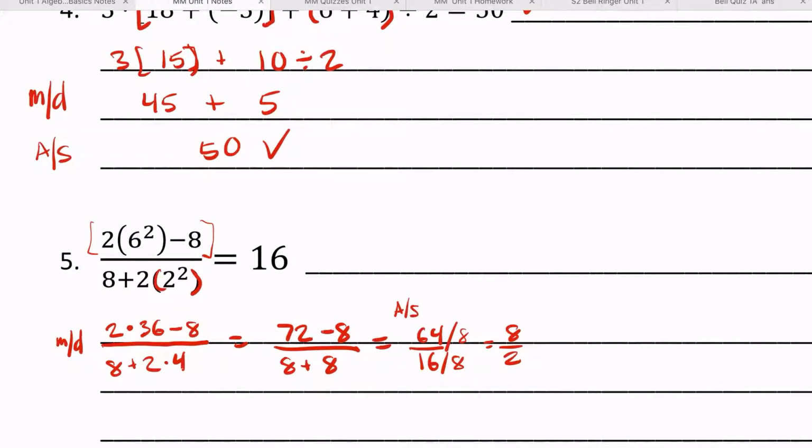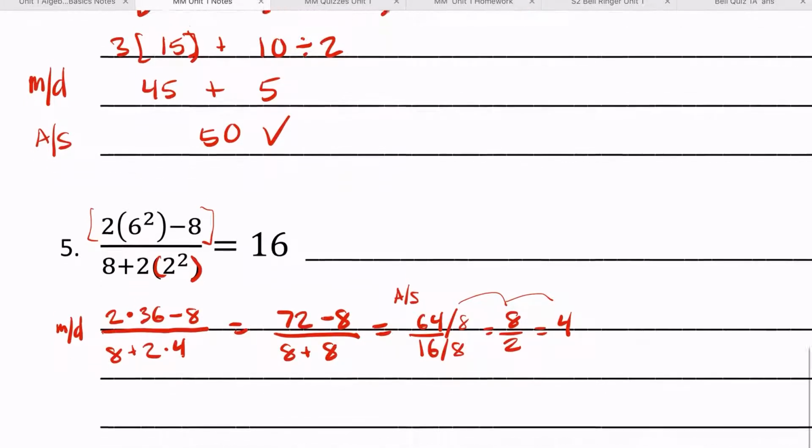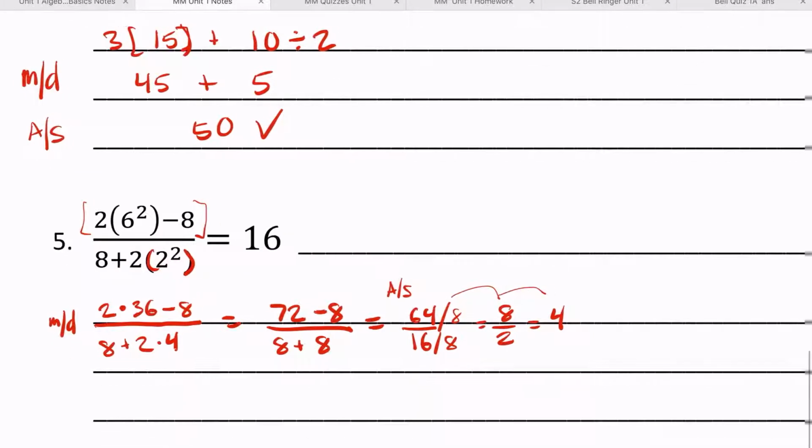But then we can still reduce. And that would end up giving us 4. 8 divided by 2 is 4. And you don't have to go from this step to this step if you knew that you could go 16 into both. I'm just trying to simplify it a little bit.